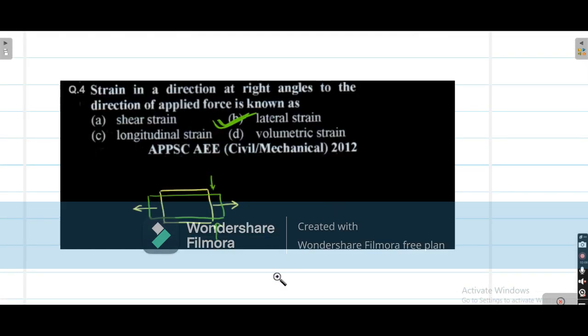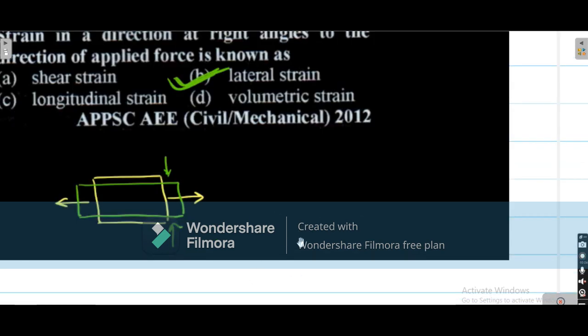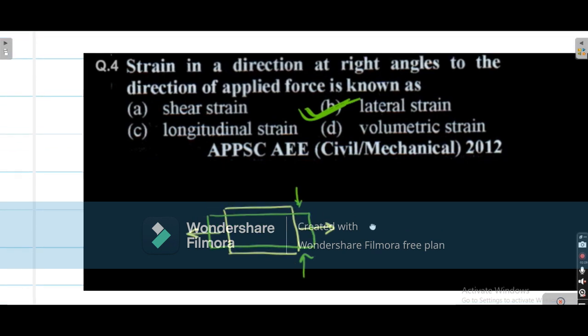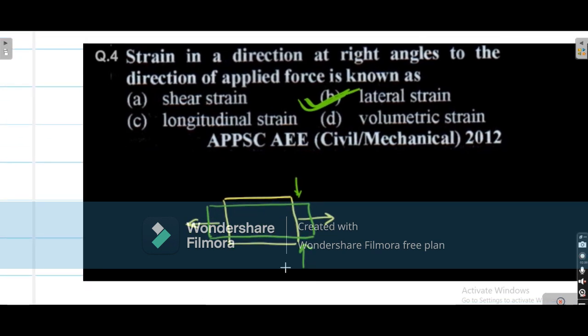Next question, from the APPSC AE exam: strain in a direction at right angles to the direction of the applied force is known as? Suppose this is my bar and I am applying one external force here. Because of this external force, the length will increase.